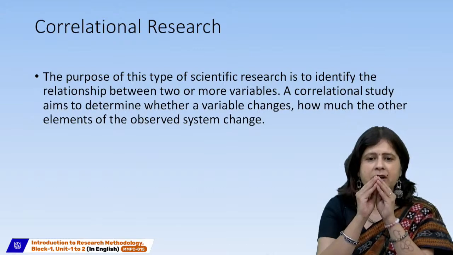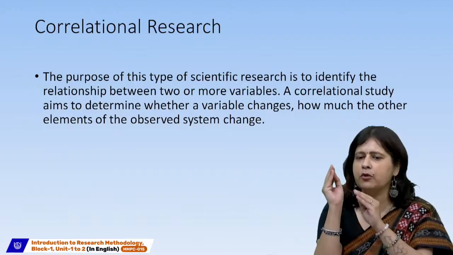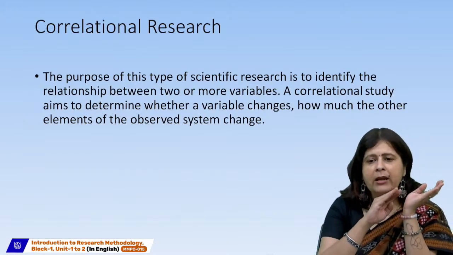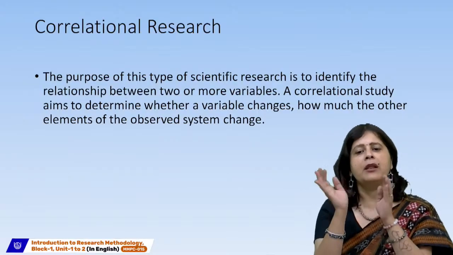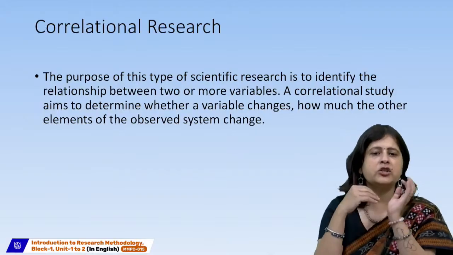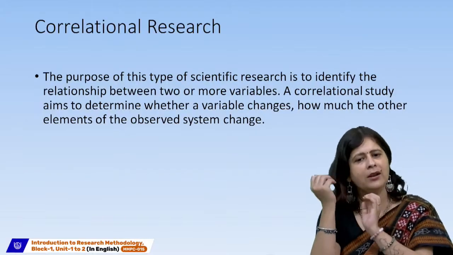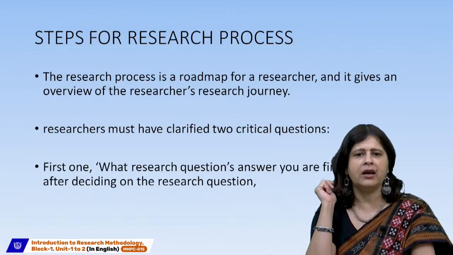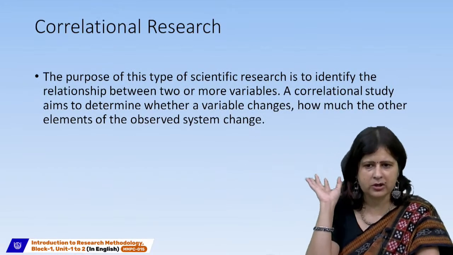This type of study tries to find out the relationship between two or more variables. If there is any change in one variable, will it impact the other variable, and if it impacts the other variable, how much will the other elements change or how much will it impact the other variable, that is known as correlation research.